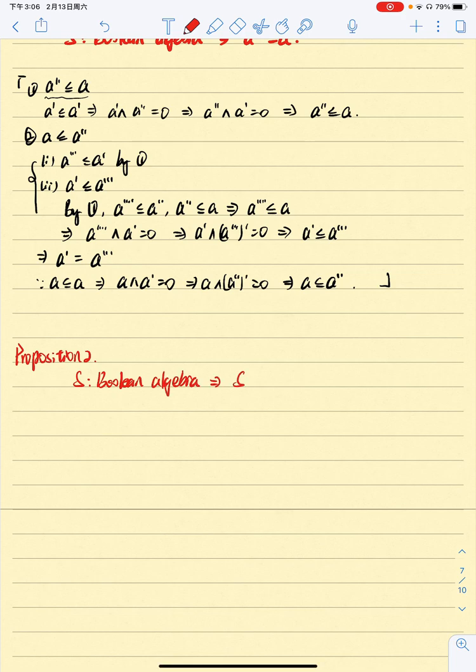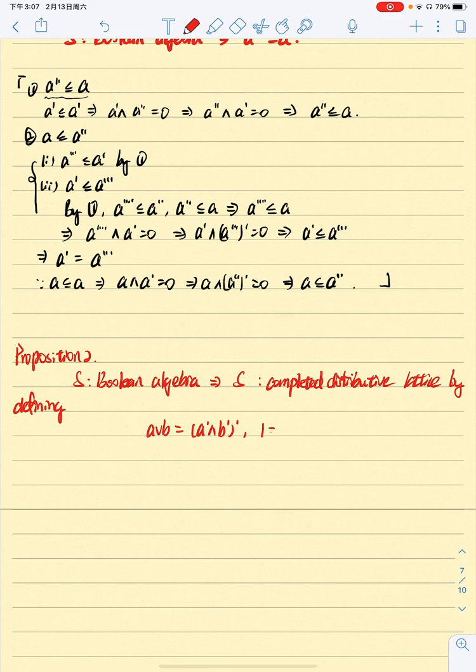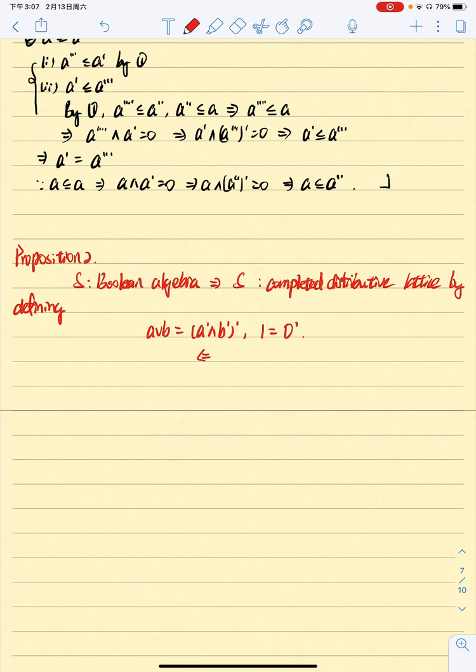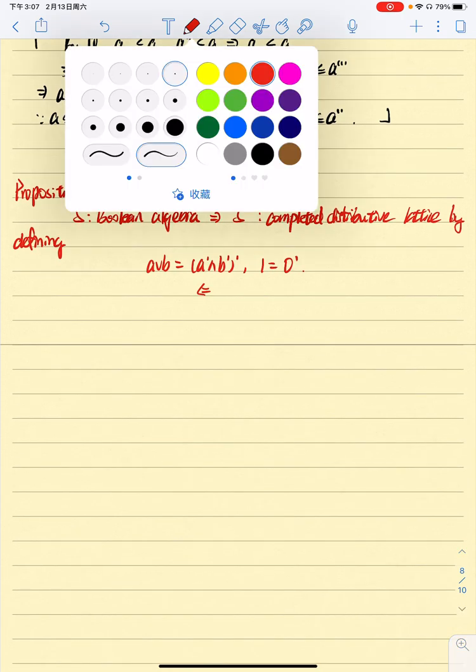Then S can be a complemented distributive lattice by defining A or B equal to A prime and B prime prime, and the complement of 0 is 1, and the converse is true. Okay, let's prove this.